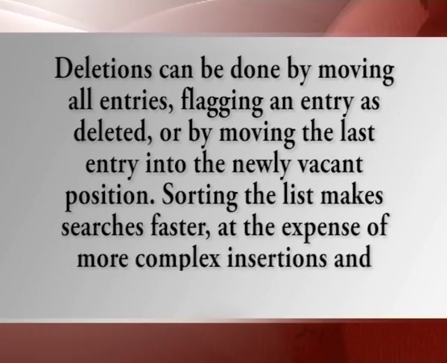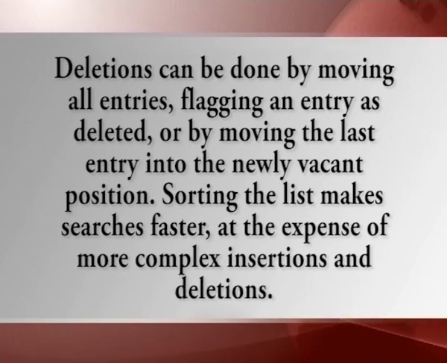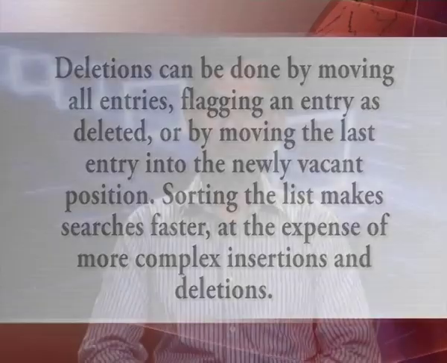Sorting the list makes searches faster at the expense of more complex insertions and deletions. A linked list makes insertions and deletions into a sorted list easier with overhead for the links. More complex data structures such as B trees could also be considered. All these operations require linear searching the list, which is a very time consuming process.